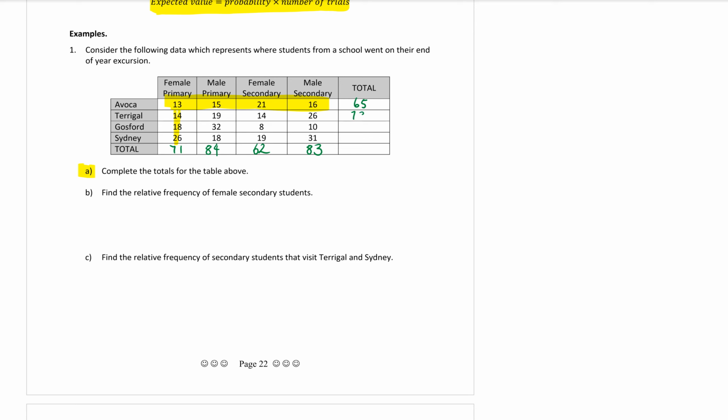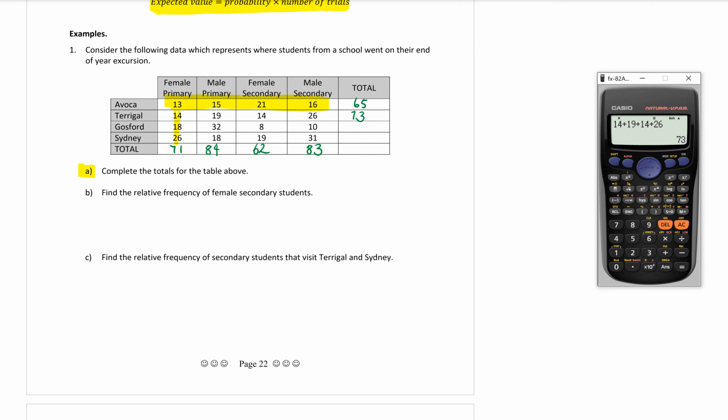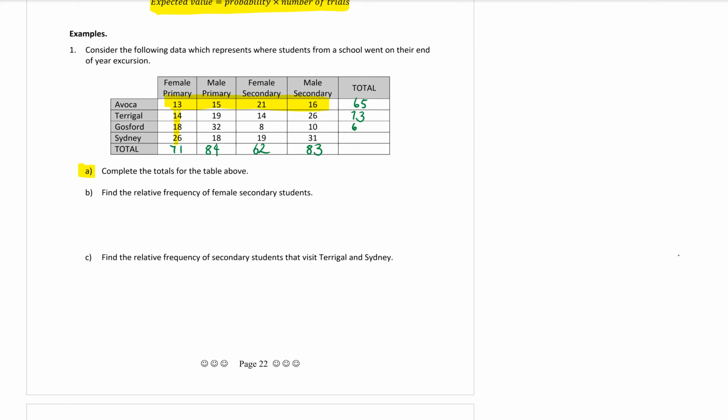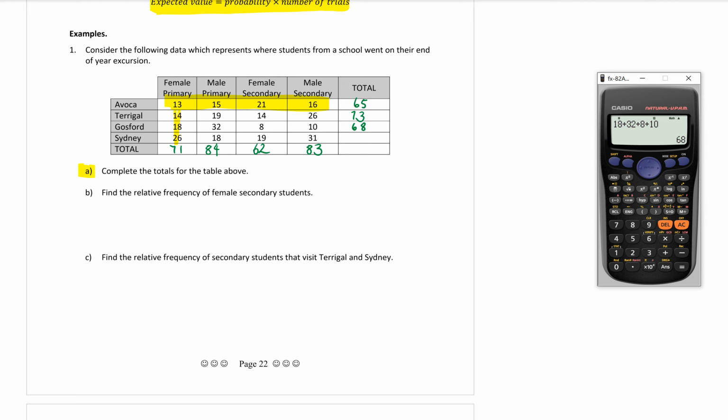That gives 73, then 68, and one more row, 26, 18, 19, and 31 makes 94.